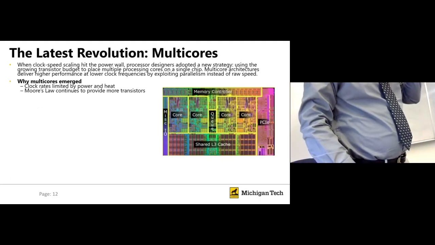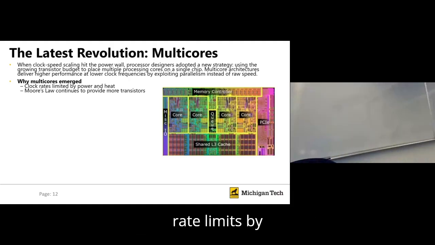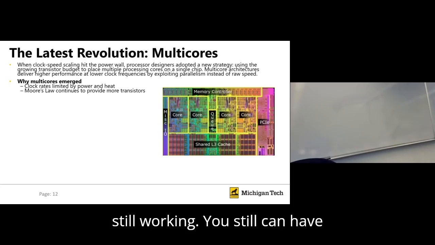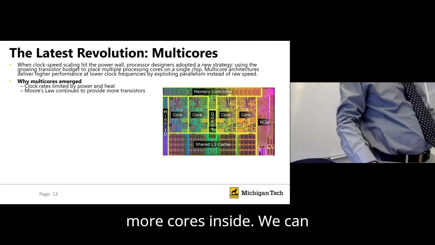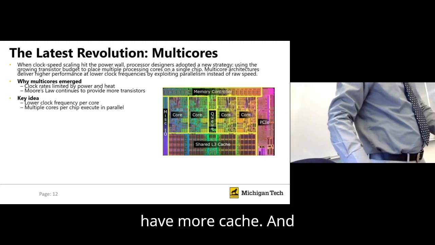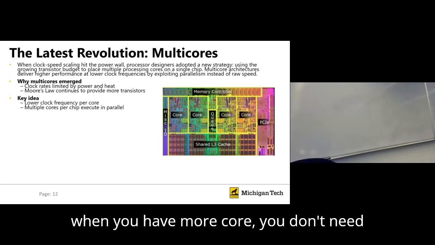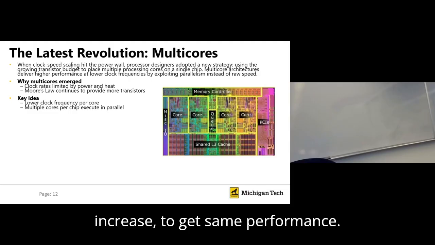So why did multi-core emerge? Because when the clock rate is limited by power and heat, Moore's law is still working. You can still have more transistors. What we do is add more cores inside and have more cache. And when you have more cores, you don't need higher frequencies. You can use parallelism to get the same performance.